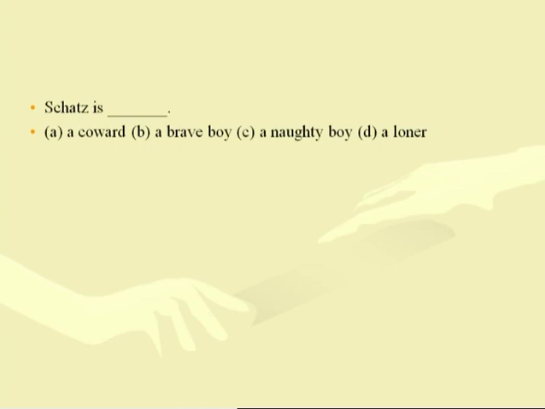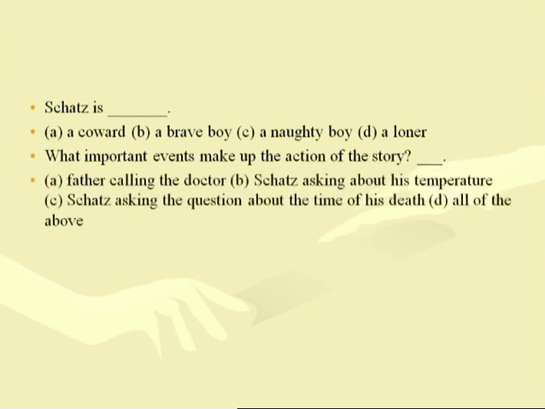We can say that Shaz is a brave boy because even though he knows that he is going to die, he faces death bravely. What important events make up the action of the story? Father calling the doctor, Shaz asking about his temperature, Shaz asking the question about the time of his death, all of the above. The correct answer is D, all of the above events are important in the story.